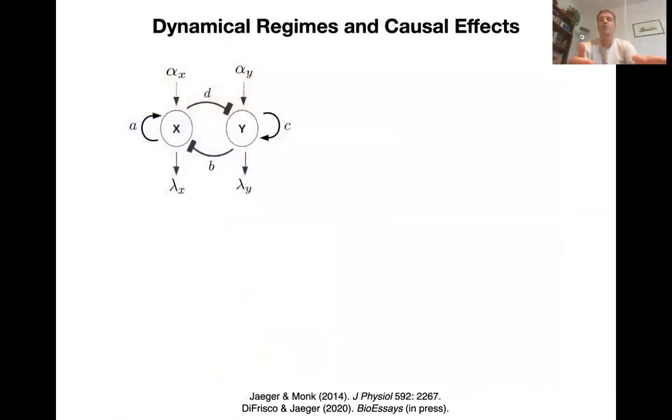And we can do this by using our old friend, the toggle switch model, again, to illustrate the issues. The first thing to remember is that there are two genes here. They repress each other, double negative. It's a positive feedback loop. So what you get is either X on or Y on, but not both at the same time. You can have some autoregulatory interactions of the genes on themselves.